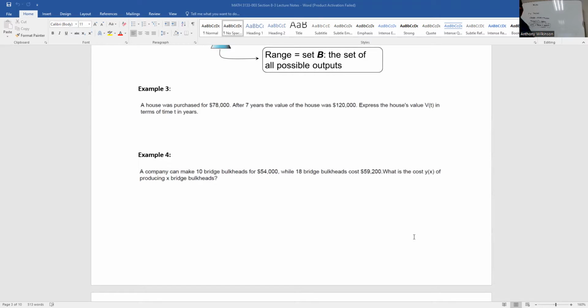So 10 bridge bulkheads for $54,000, and 18 bridge bulkheads cost $59,200. Let's subtract those two. What's 59,200 minus 54,000? 5,200.